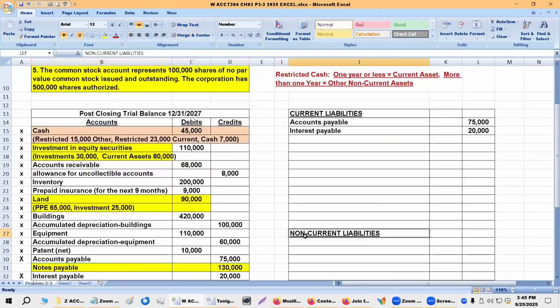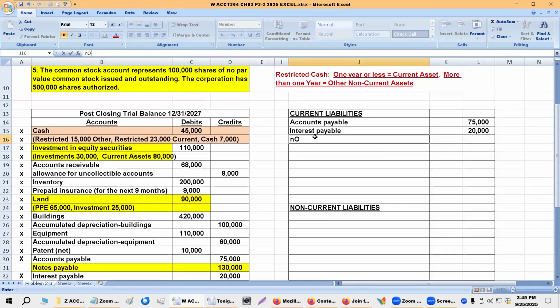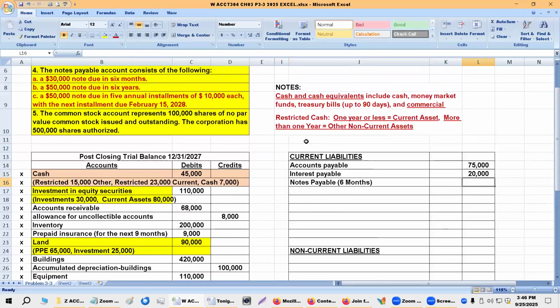Current. So notes payable, that is current.